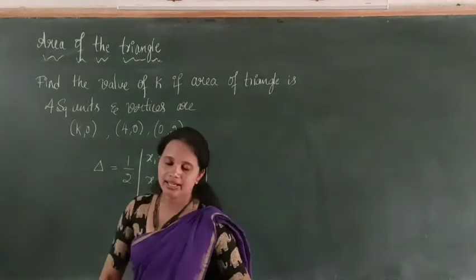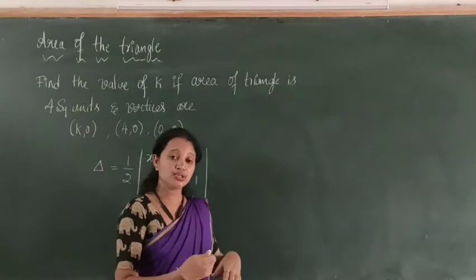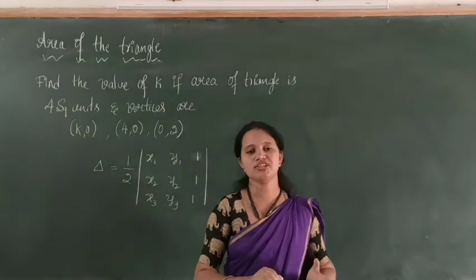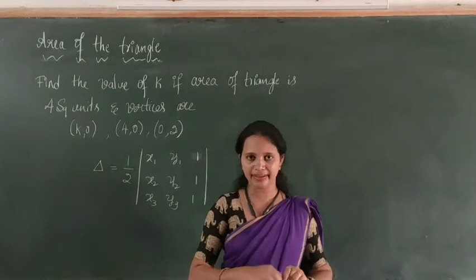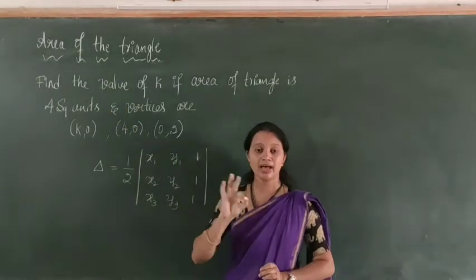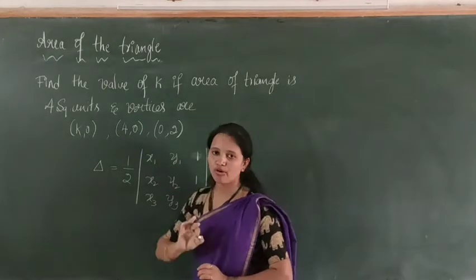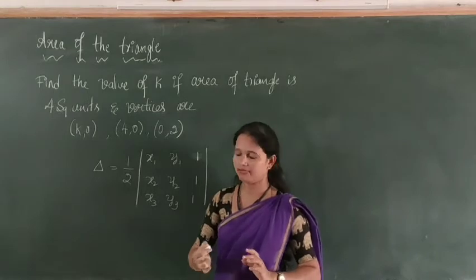Here the area of the triangle is given as 4 square units. 4 may be positive or negative, so the determinant value may be positive or negative. So we have to take the area of the triangle as plus or minus 4 square units, because k may have a positive or negative value.